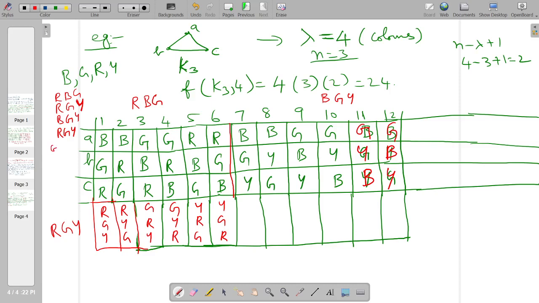Green. Four ways, 4C3, I'll have 4 ways.